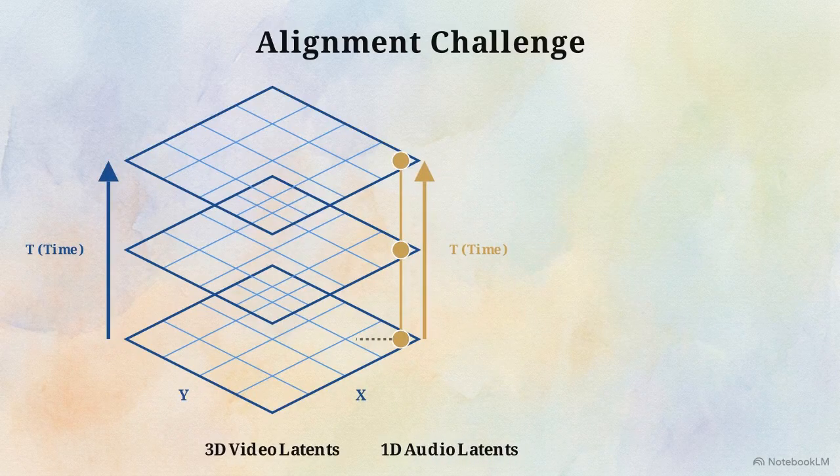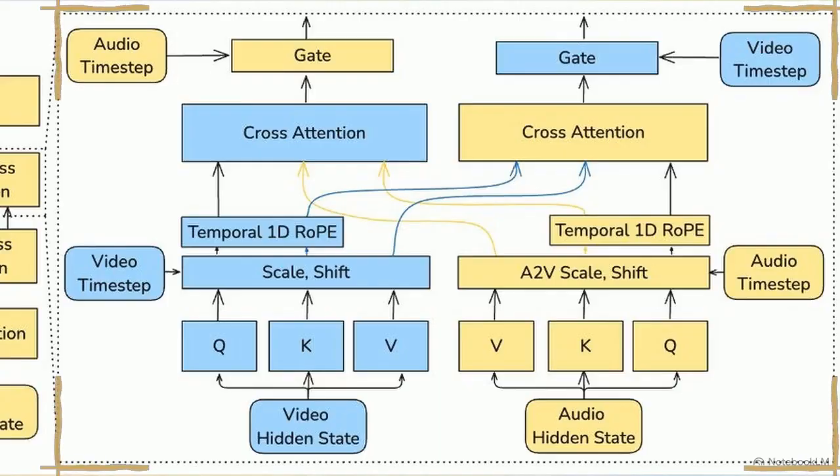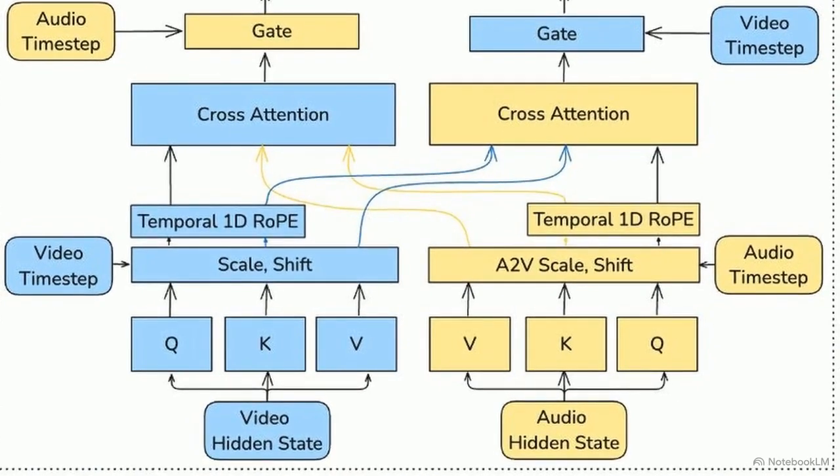But separating the streams creates a specific alignment challenge. How do you align a 1D audio sequence with a 3D video sequence during the denoising process without destroying the spatial data? This cross-attention module acts as a bridge, enabling intermodal exchange at every transformer layer. First, independent video and audio states transform into queries, keys, and values through learned linear projections.